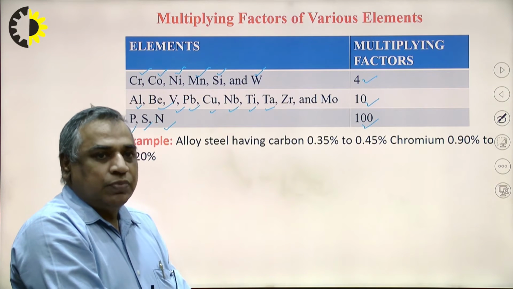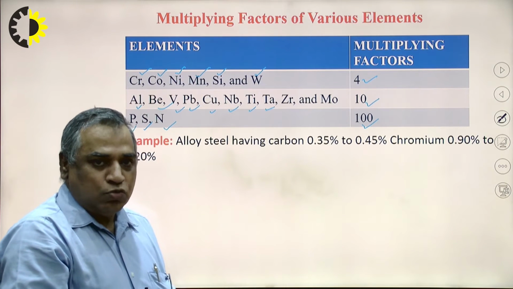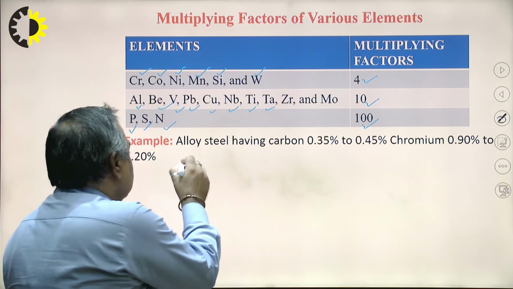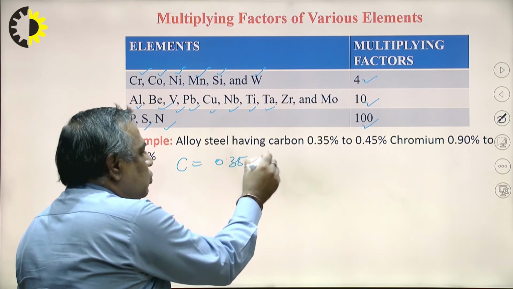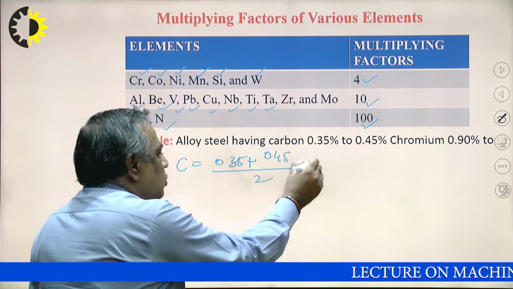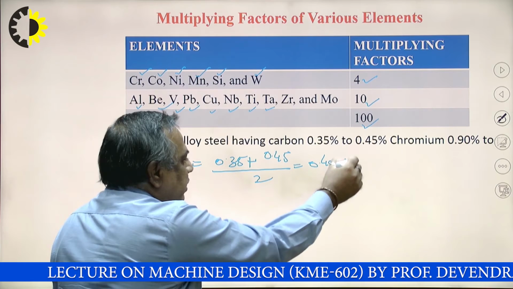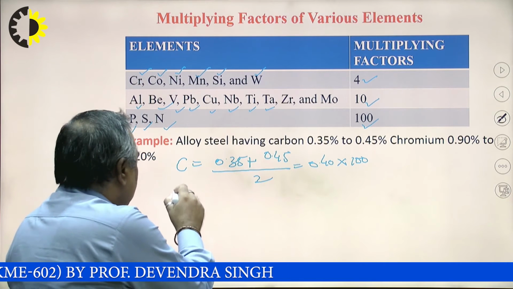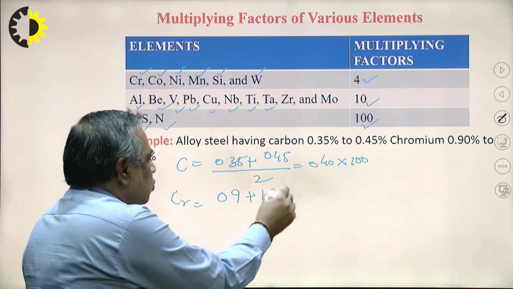Alloy steel having carbon 0.35 to 0.45%, chromium 0.9% to 1.20%. So the carbon percentage given is 0.35% to 0.45%. The average comes out to 0.40%. It should be multiplied by 100. Then next is the chromium. It is 0.9 plus 1.20, divided by 2.